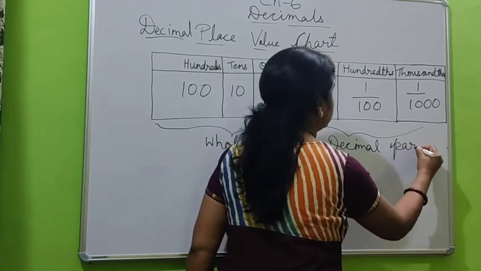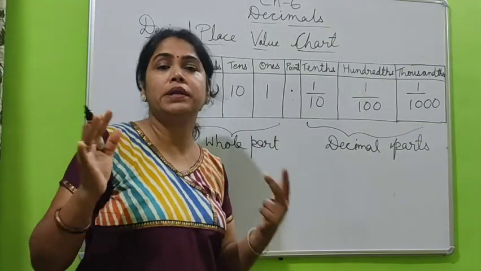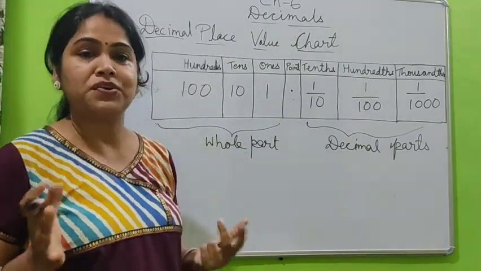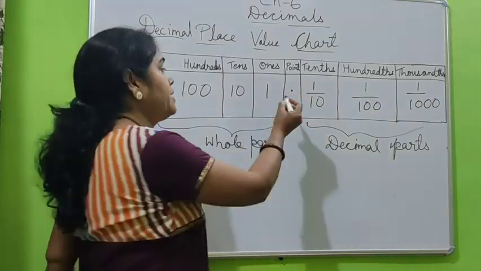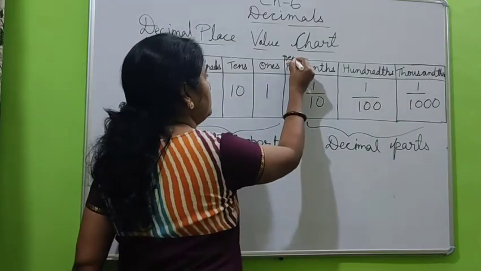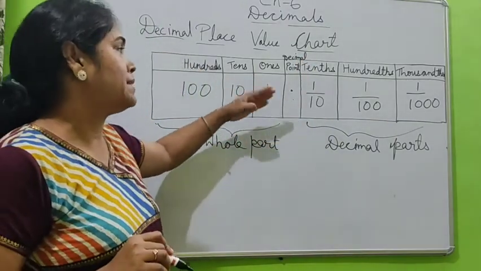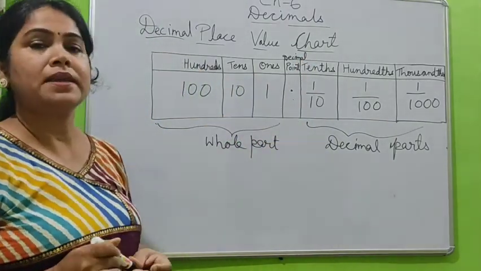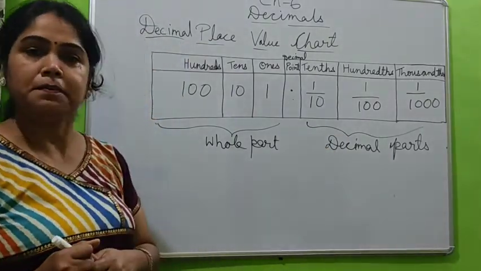How do we give a separation between the decimal part and the whole part? For that we give a decimal point. This point is called the decimal point. So by this decimal point, we can separate the whole part as well as the decimal part.